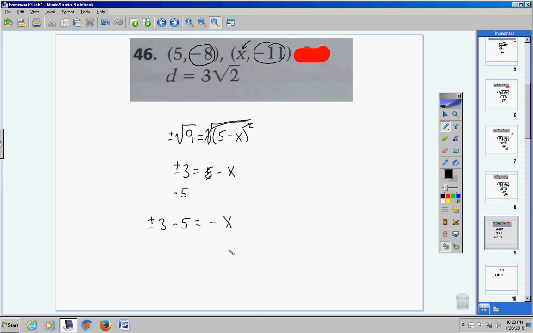Okay? Now let's not worry about the negative x just yet, okay? Just hold on a second. Let's simplify this side a little further over here, okay? I have positive 3 minus 5 equals negative x, right? There it is. Then I also have negative 3 minus 5 equals negative x.